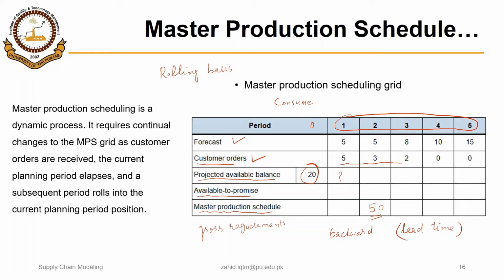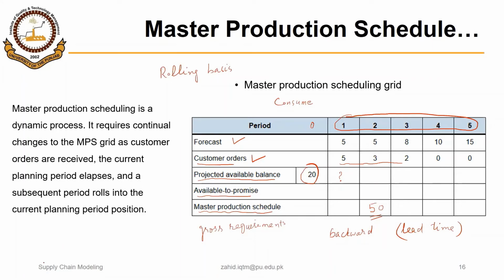In order to make sure of that, we have to schedule backward for the components and raw materials. They have different lead times, so we have to offset according to the lead time so that the final product is available at the start of period 2.